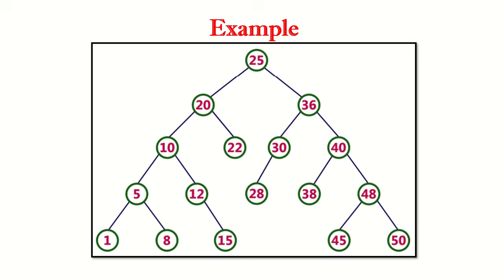If you look at the right subtree of 25, they all have values greater than 25. And this is applicable to all the internal nodes, namely 20, 36, 10, 30, 40, 5, 12 and 48.